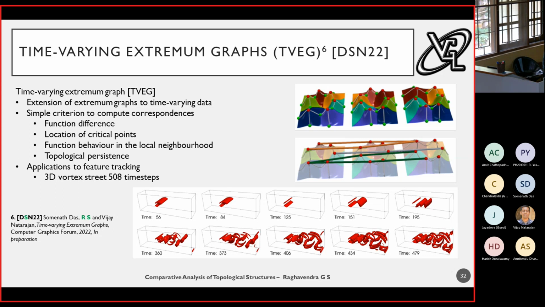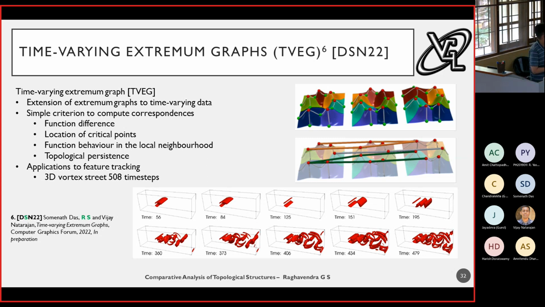There is some overlap in terms of comparison and a time varying data structure, in the sense that when we move from one time step to the other, we have to find correspondences for the features in one time step to the other time step. And the correspondences can happen in multiple ways. A feature can continue like this, or it can split into two or more features, or two or more features can merge into one feature, and so on. So computing such correspondences is also in a way comparing two structures.